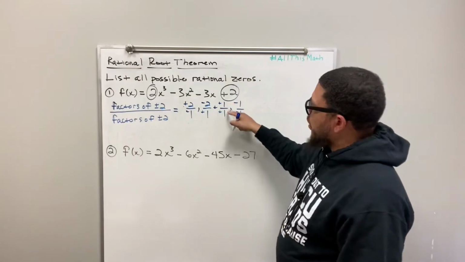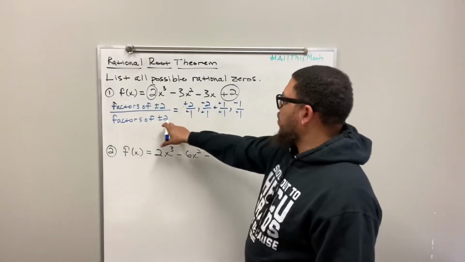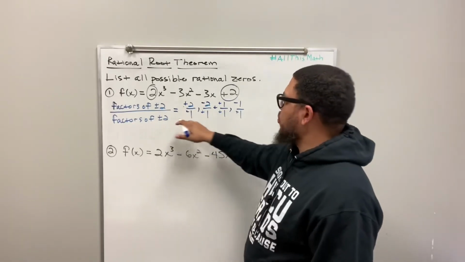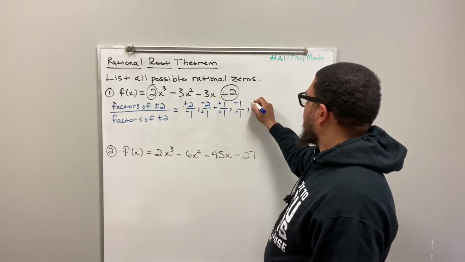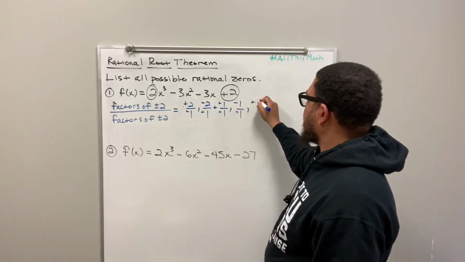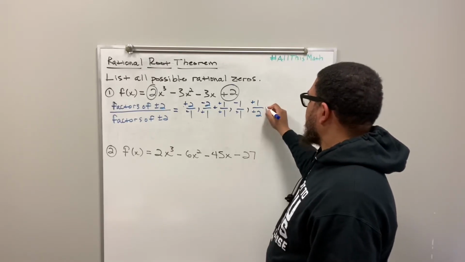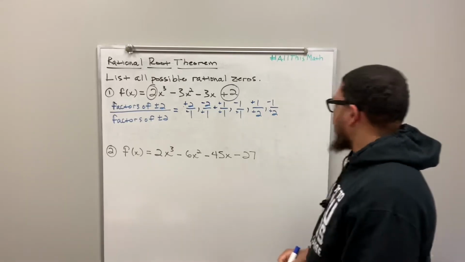But what about in my denominator? I have all 1s so far. I could put 2s here. So what if I did positive 1 over positive 2? And negative 1 over positive 2?